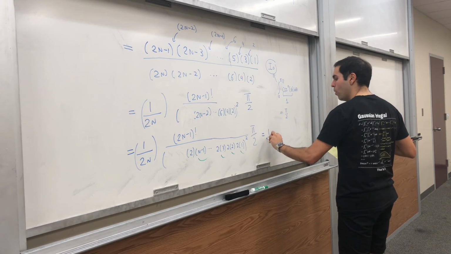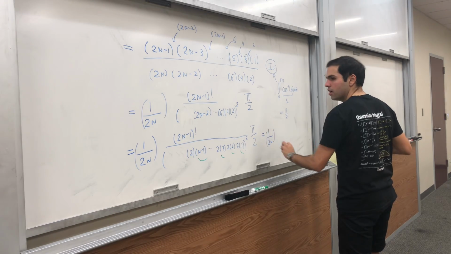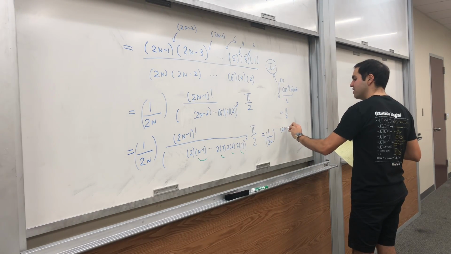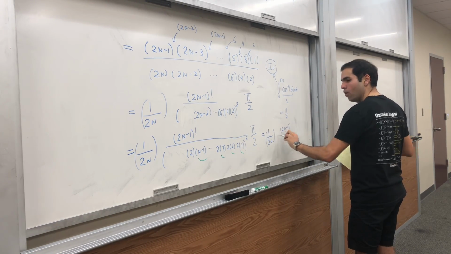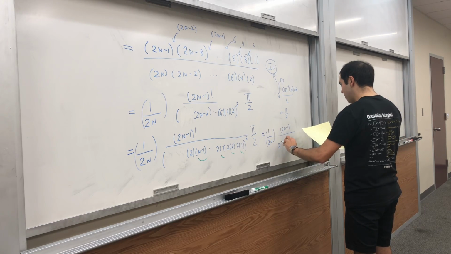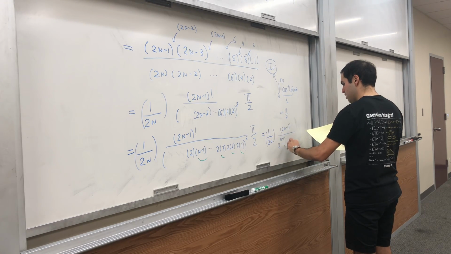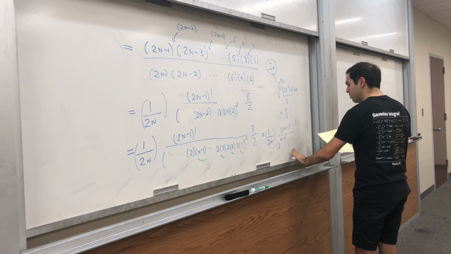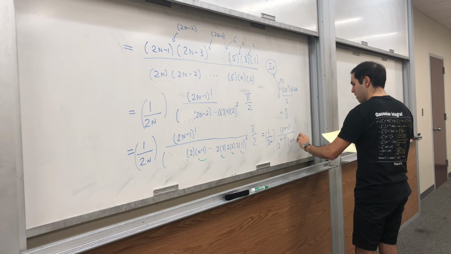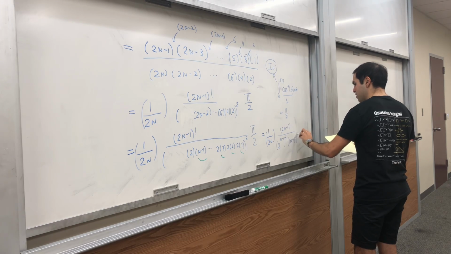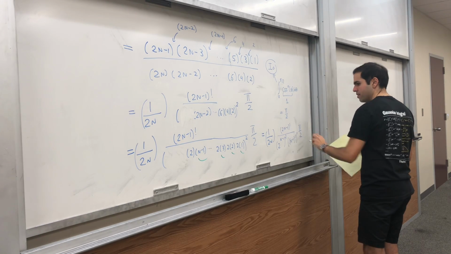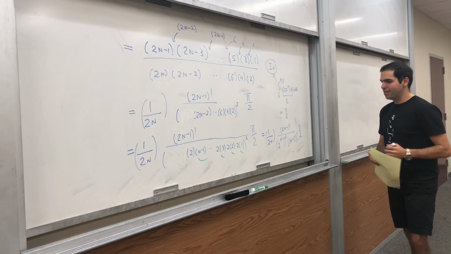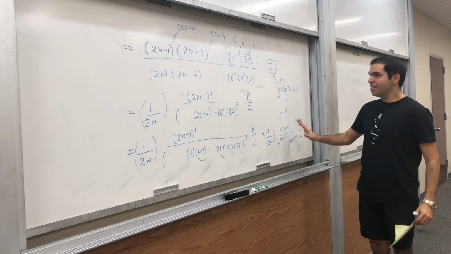So we get 1 over 2n over 2n minus 1 factorial over, well, 2n minus 1 squared and n minus 1 factorial squared, squared times pi over 2. All right, that's very good.